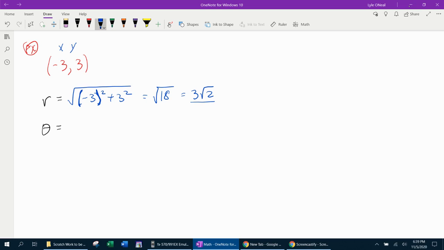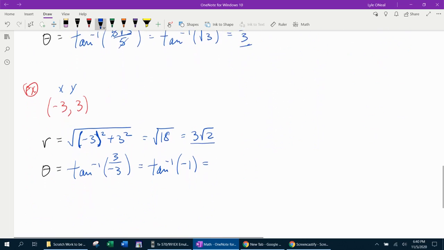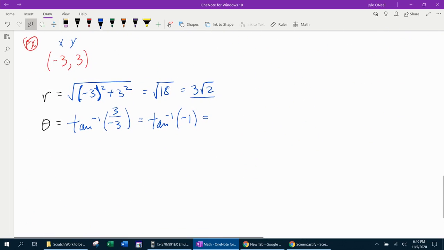And then for our angle, theta, that's going to be the inverse tangent of y over x. And that will simplify to the inverse tangent of -1, which we've already done one time right up here. Remember the inverse tangent of -1? We got negative pi over 4. And this is where I need to bring your attention to something that you have to focus on, okay?